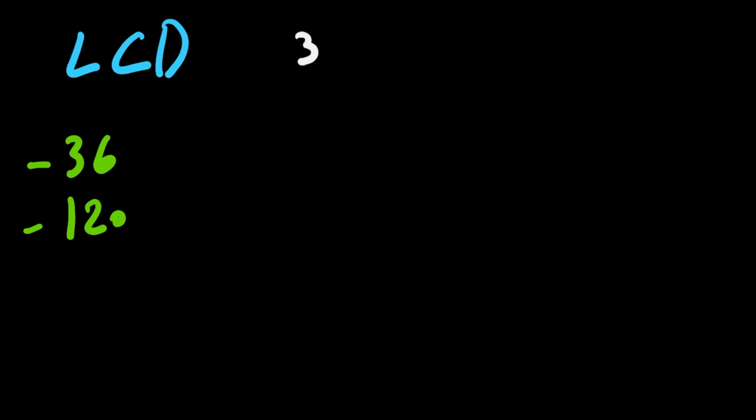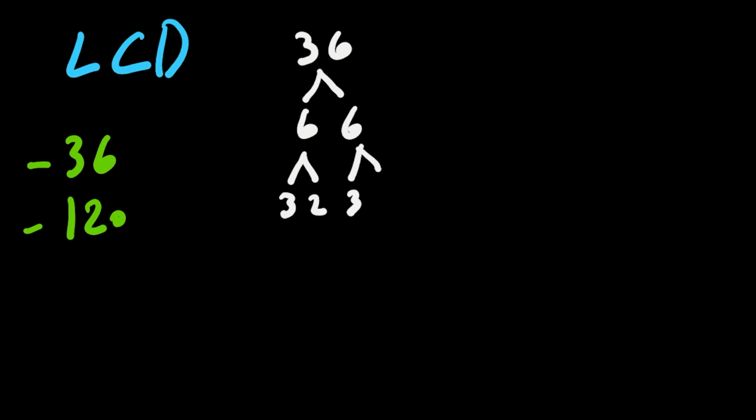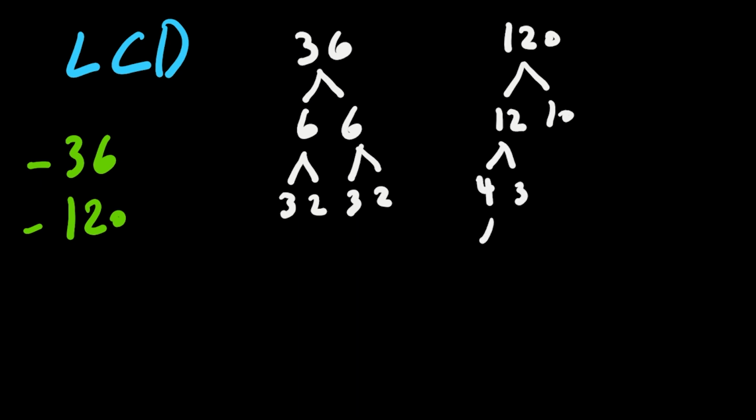So 36 is nothing but 6 multiplied by 6, and each 6 is 3 multiplied by 2. And the second number is 120, so when we factor it, it is 20 multiplied by 12 multiplied by 10, and 20 is 4 multiplied by 5, 12 is 4 multiplied by 3, and 4 is 2 multiplied by 2. 10 is nothing but 5 multiplied by 2.